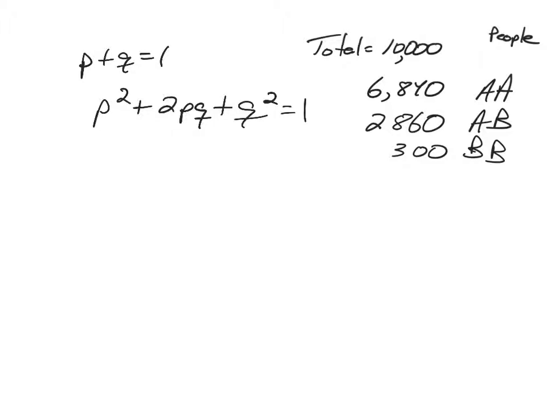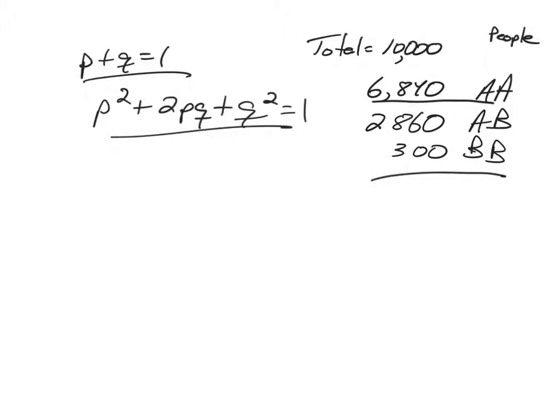So what's the frequency of each genotype in the population? Well, that's easy to do. You don't have to do this at all for the frequency of each genotype, but you could if you'd like to. What's the frequency of big A, big A? What's the total? 10,000.